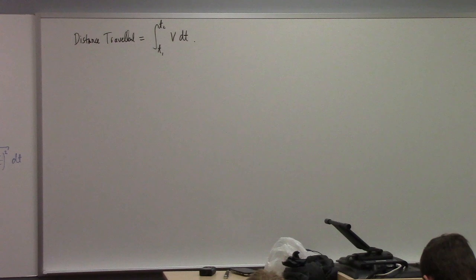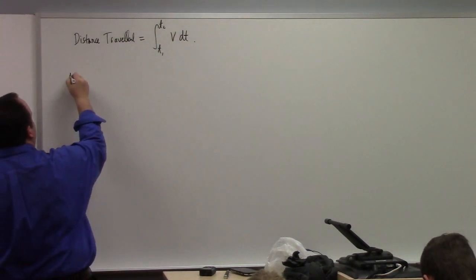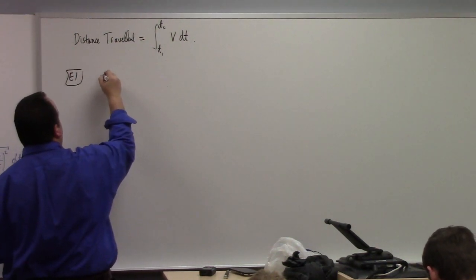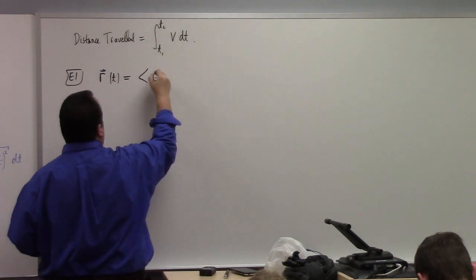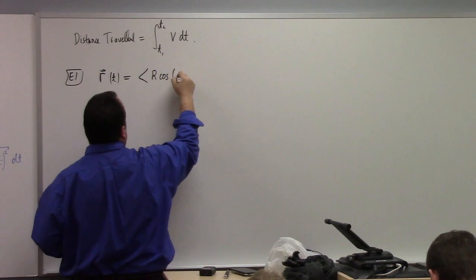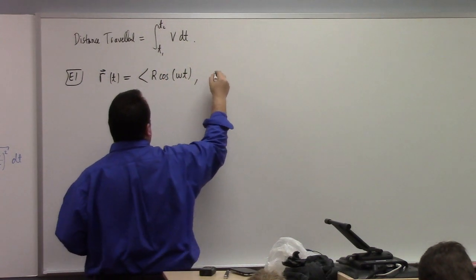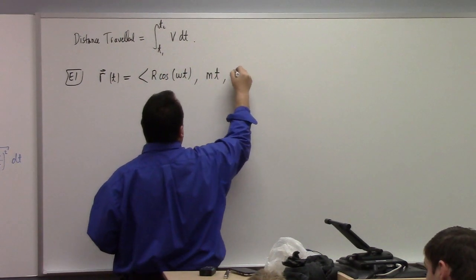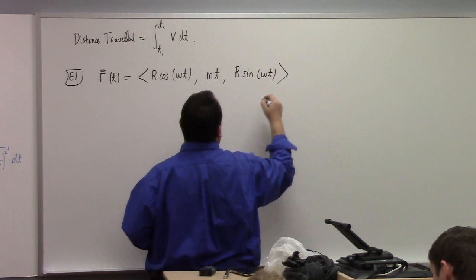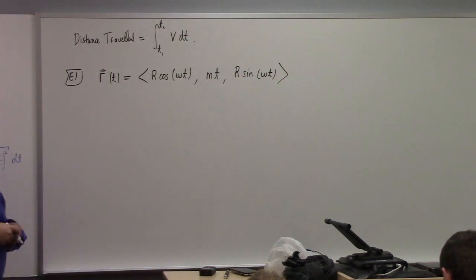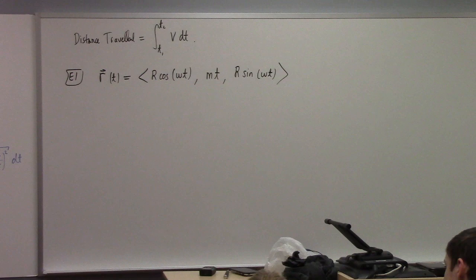Let me show you an example. If we had position at time t to be, let's say, r cosine omega t, then m t, then r sine omega t. Here's the path, a particular path through space. You could study this path.